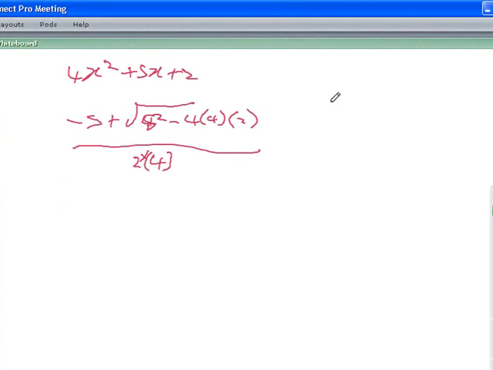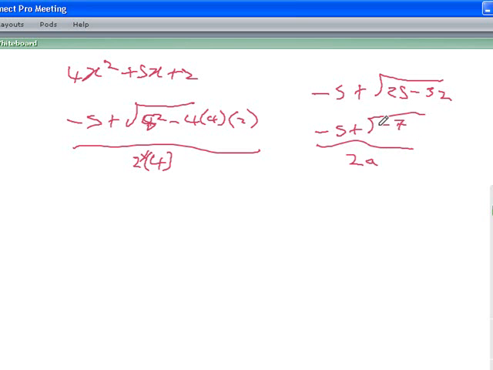Now the problem here is that when we calculate this out, we go minus 5 plus the square root of 25 minus, now 4 by 4 is 16 and 2 16s is 32, so there's going to be minus 32, which is minus 5 plus the square root of minus 7, over 2a.